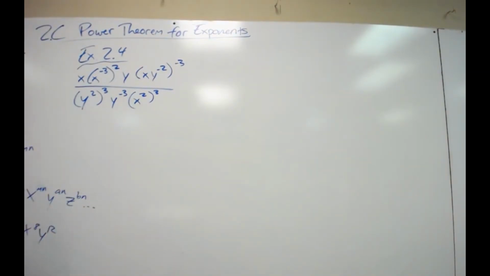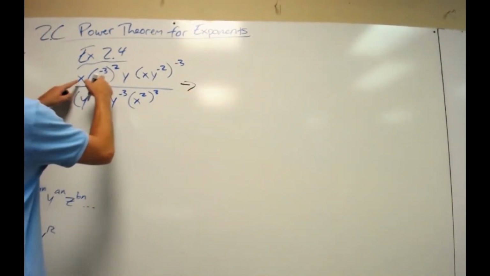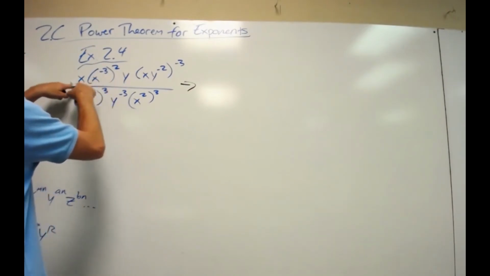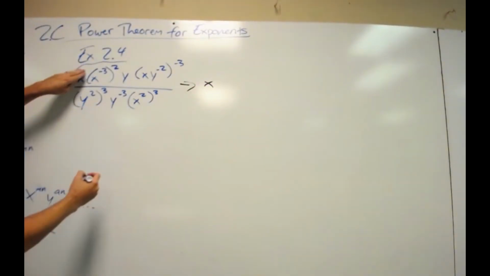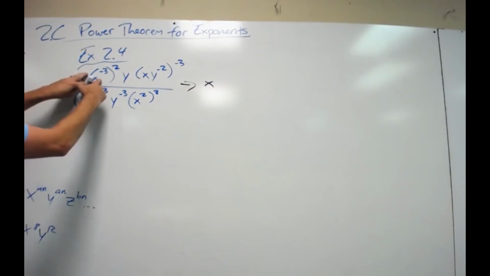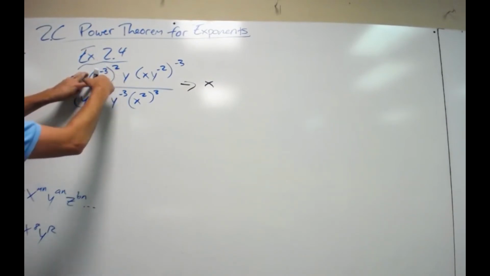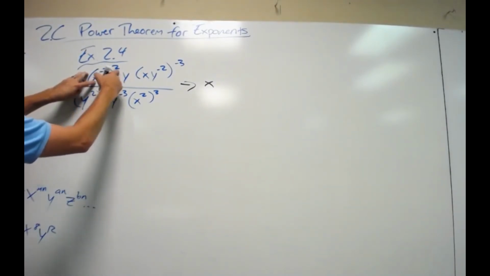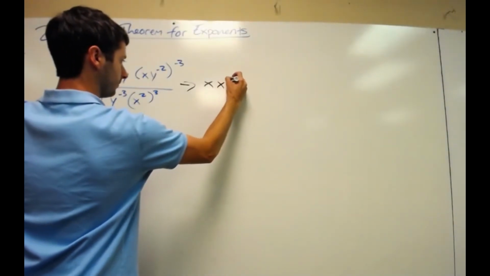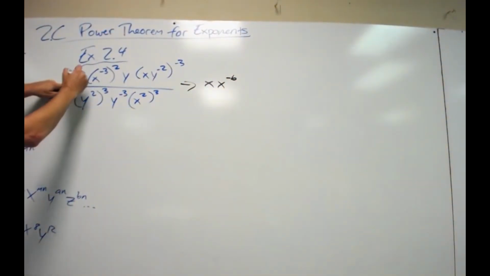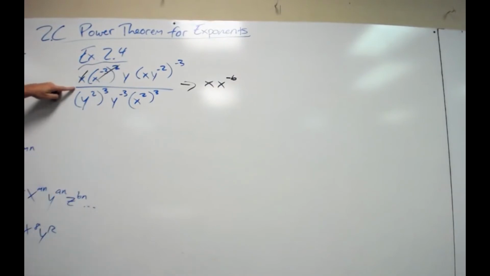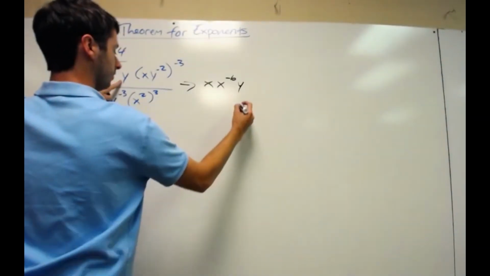So we get x. I'm going to go ahead and write this x over here. Okay. Now we have x to the negative 6th power, because negative 3 times 2, negative 6. So we've done this one, and we've done that one. I'm going to go ahead and move this over here.